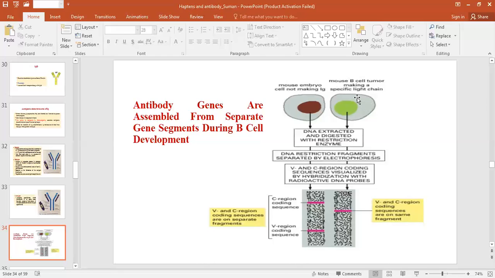The specific variable region and constant region coding sequences that the tumor B cell uses are present on the same DNA restriction fragment in the tumor cells, but on two different restriction fragments in the embryos. These were rearranged at some stage in B cell development, and this is very important for diversity.